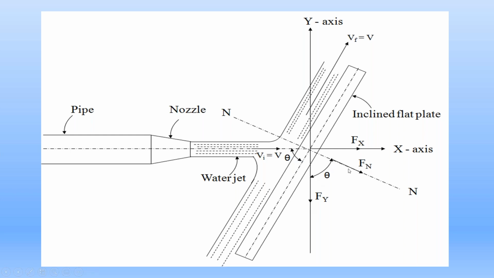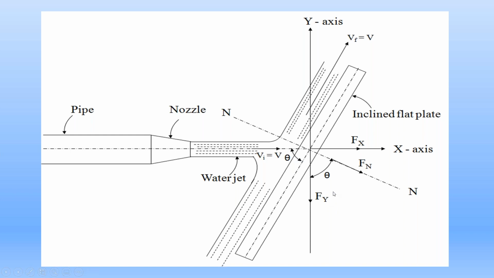With the y-axis, force Fn makes the angle theta. Since force Fn makes the angle theta with the y-axis, the component of force Fn, or the projection of force Fn along the y-axis, is Fn cos theta. That is nothing but force Fy, the force acting on the y-axis.